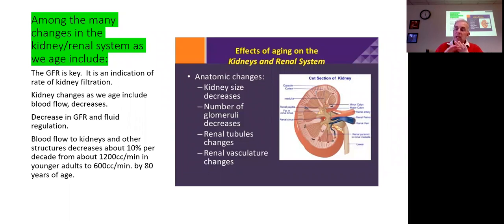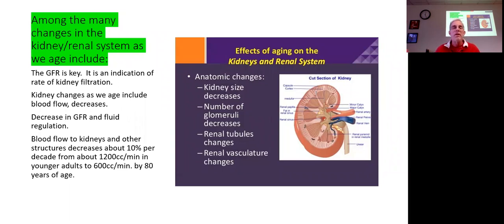And even with a normal kidney, you're going to see some of these things happen anyway. Even if you have a good kidney that's not diseased, you're going to see a reduction in how the kidney operates over time. In fact, I think every 10 years you're going to see changes in things like urine output.